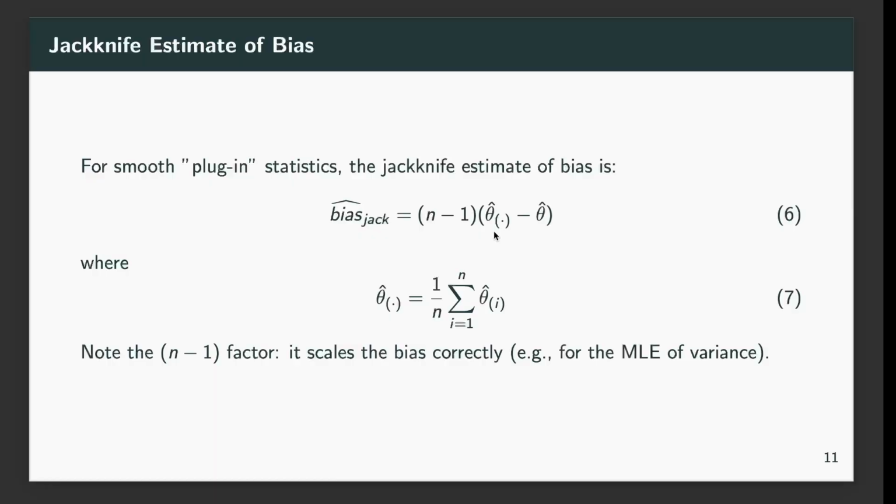Let's say you have n observations from a normal distribution, and the MLE of sigma squared is 1 over n times the sum of squared deviations from the mean. But this is a biased estimator because the true variance is sigma squared, but the MLE will estimate it as n-1 over n times sigma squared on average. So the factor of n-1 in the Jackknife bias formula is designed to correct for this kind of bias.